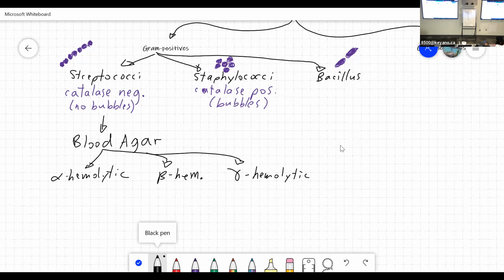So I'm not going to expand that part any further. That's what we did last day. So remember the alpha hemolytic is Streptococcus pneumoniae. Maybe I'll write that one down because that's one of the important organisms for this class. So we had Streptococcus pneumoniae. And beta hemolytic, we had Streptococcus pyogenes.